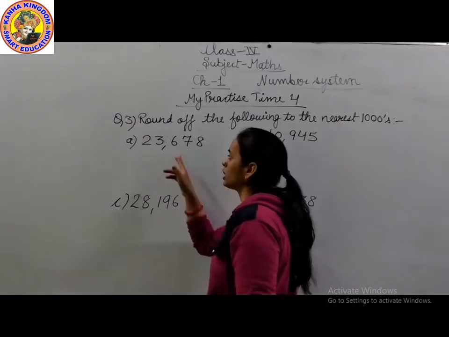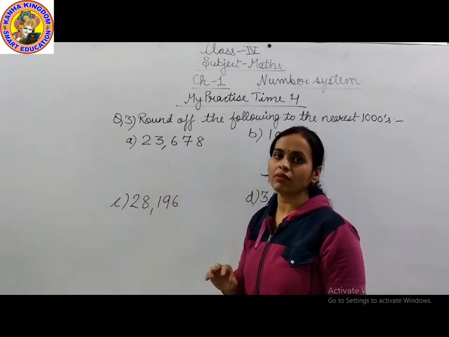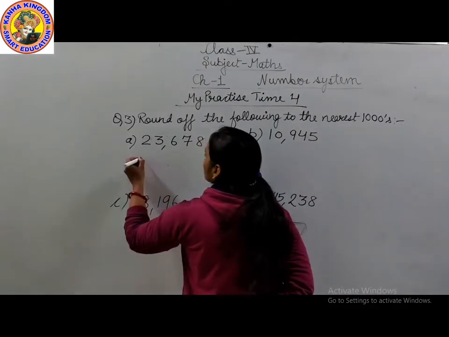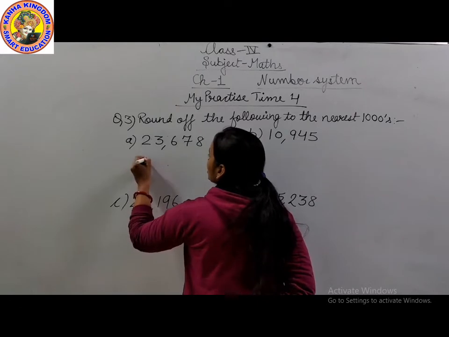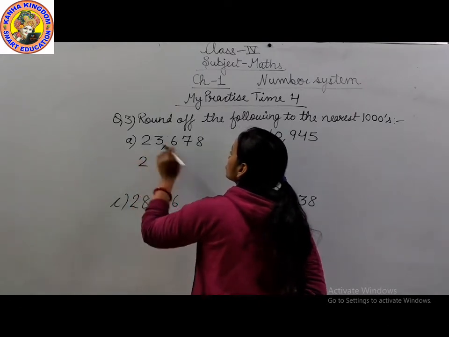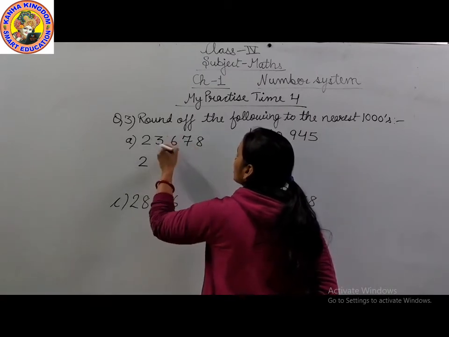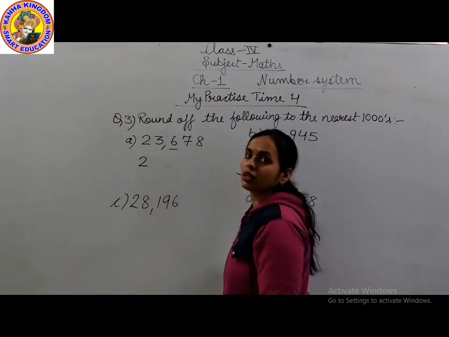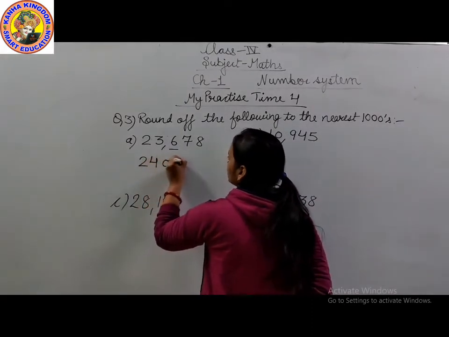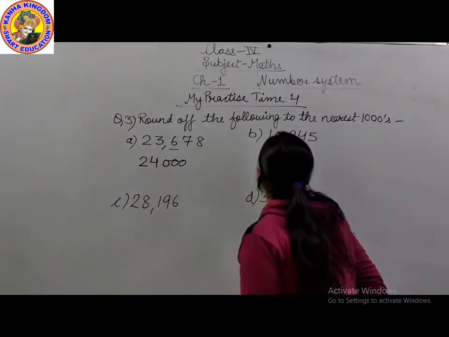If the 100 place digit is less than 5, we write the same thousand. Means 23,678. The digit at the 100 place is more than 5. So we write here 24,000.